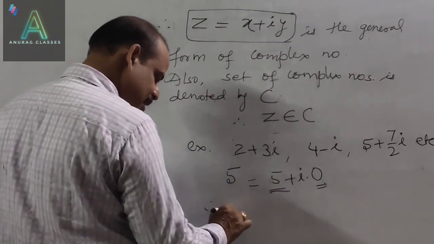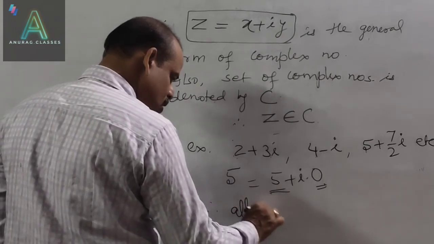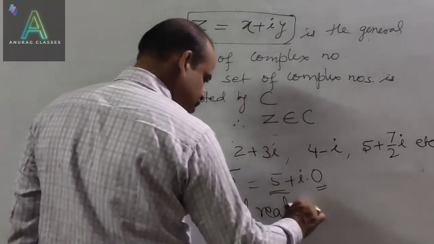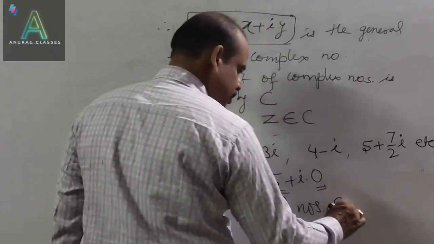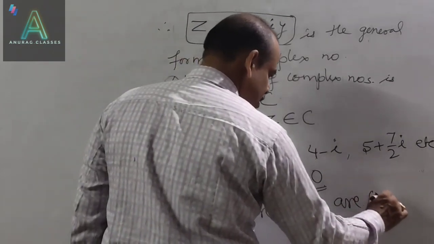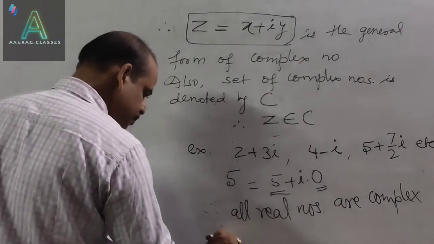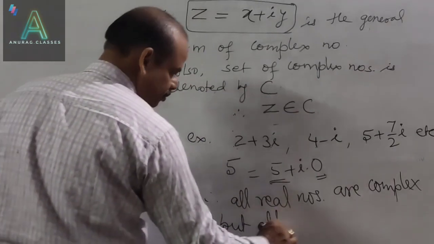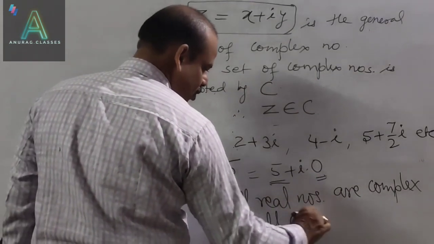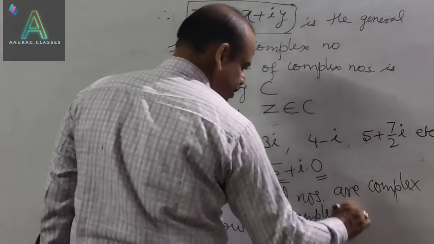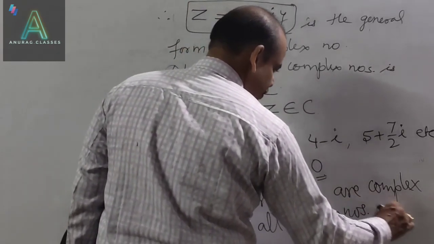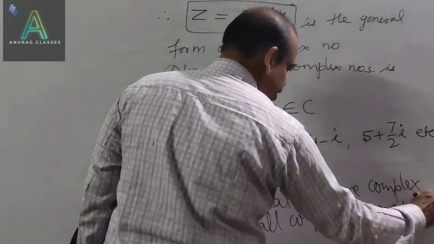So we can say that all real numbers are complex, but all complex numbers are not real.